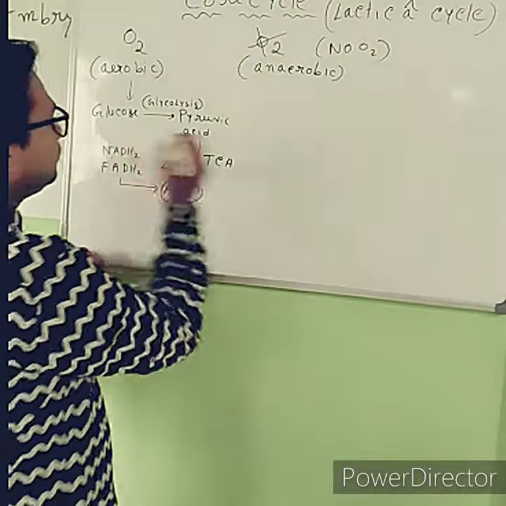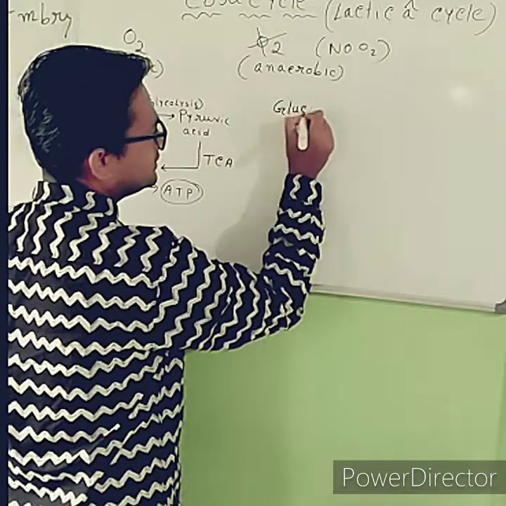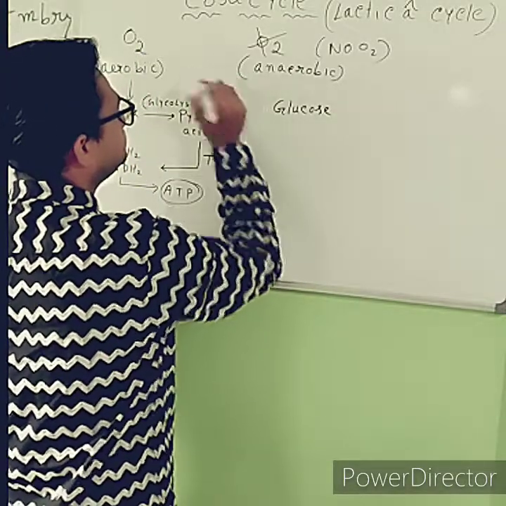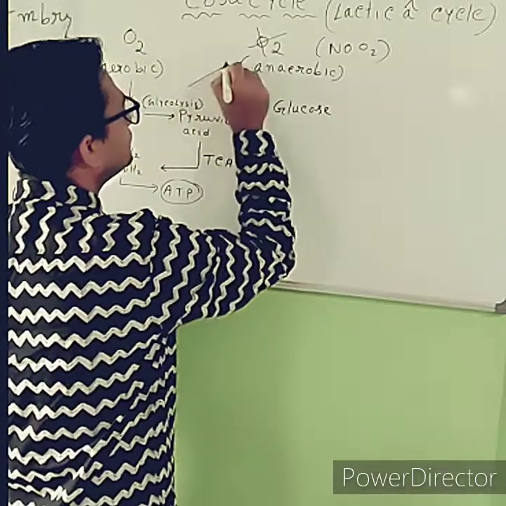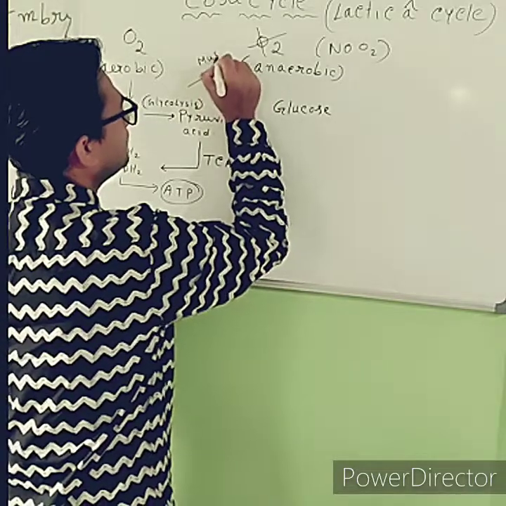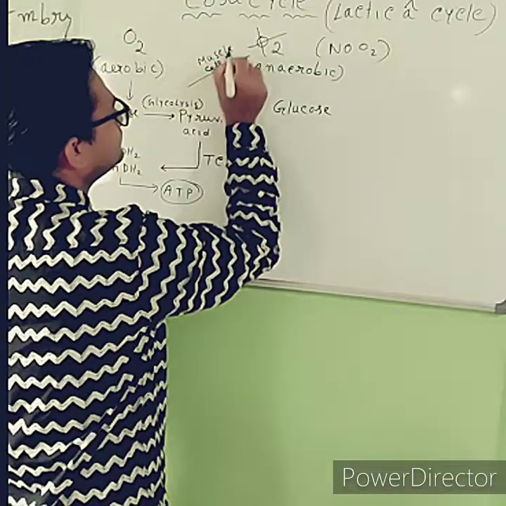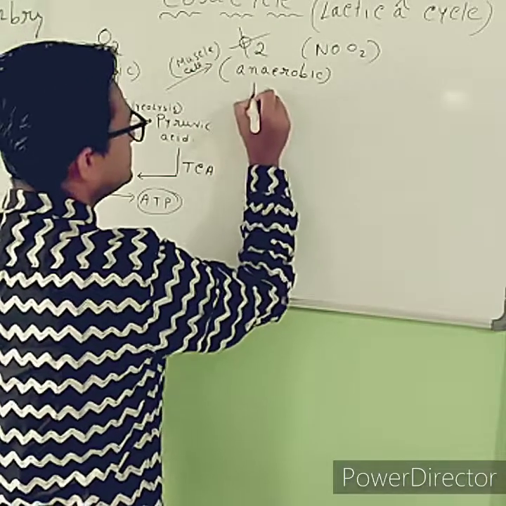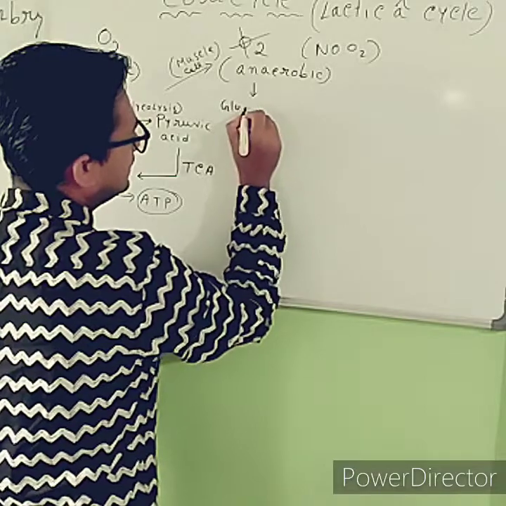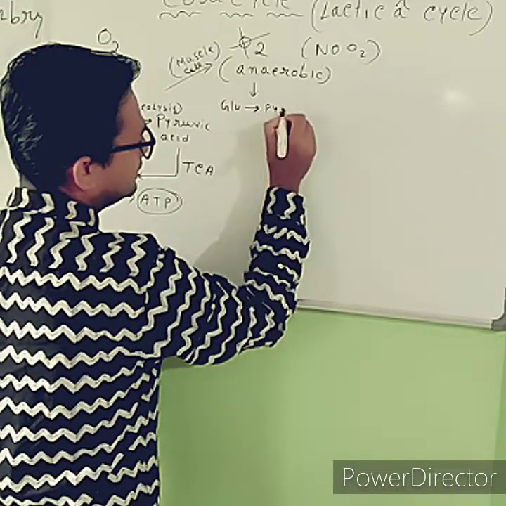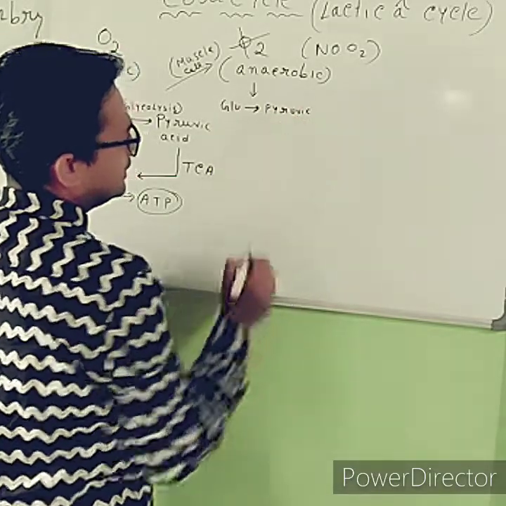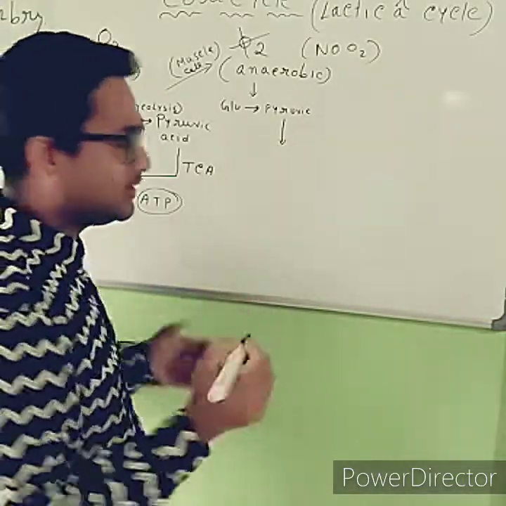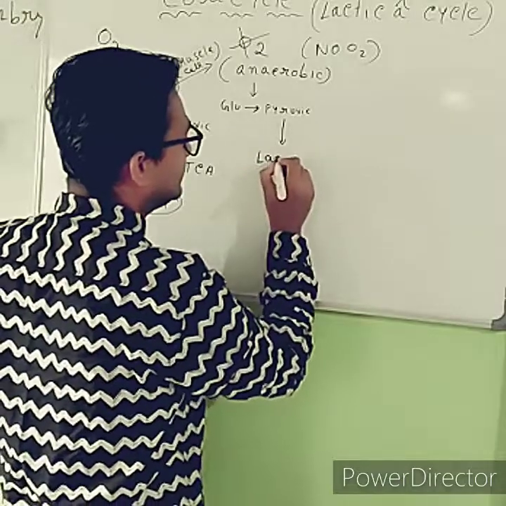Then it will happen in the muscle cell. In the muscle cell, at first the glucose is converted into pyruvic acid, but then the pyruvic acid is converted into lactic acid.